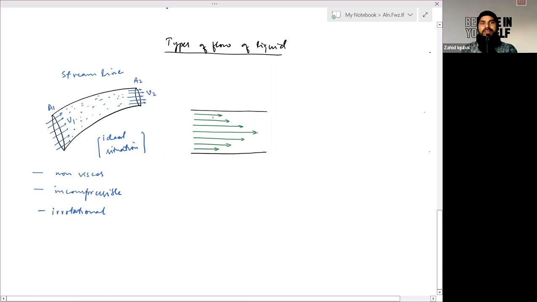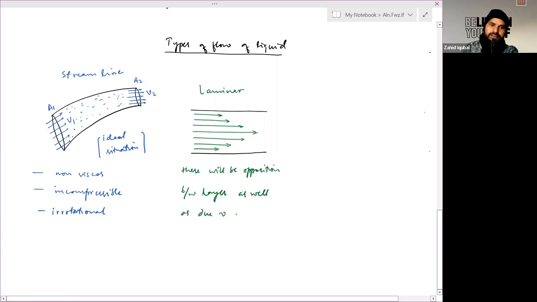So the flow will be like this. This particular flow is called laminar flow. So in this part, there will be opposition between layers of liquid as well as due to the wall of the tube.